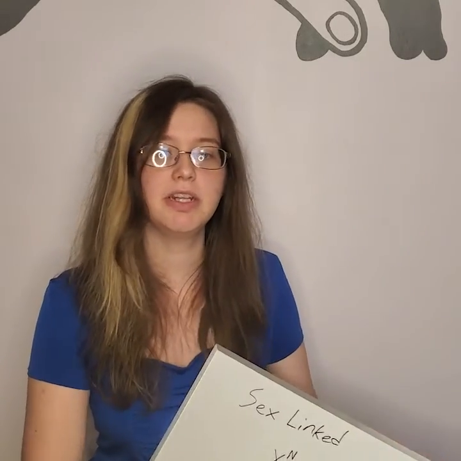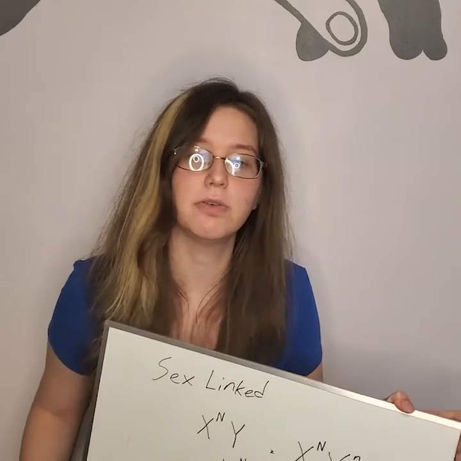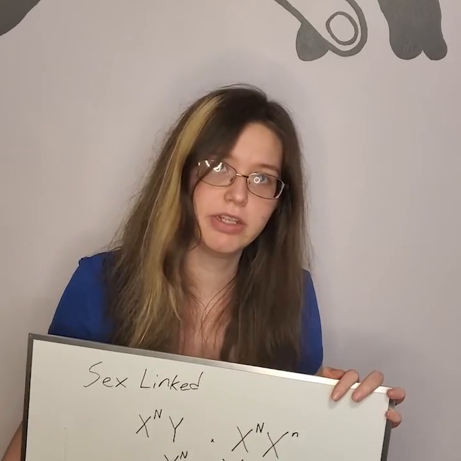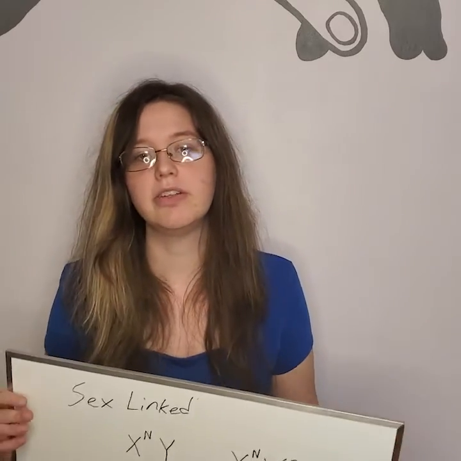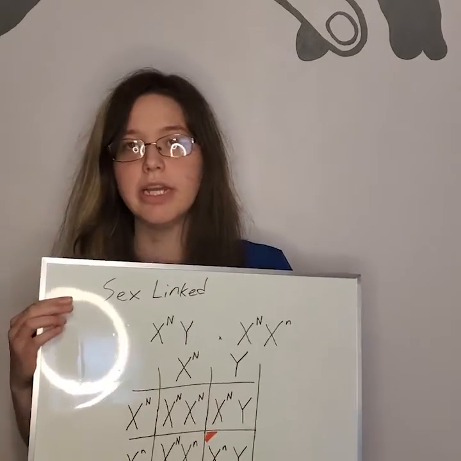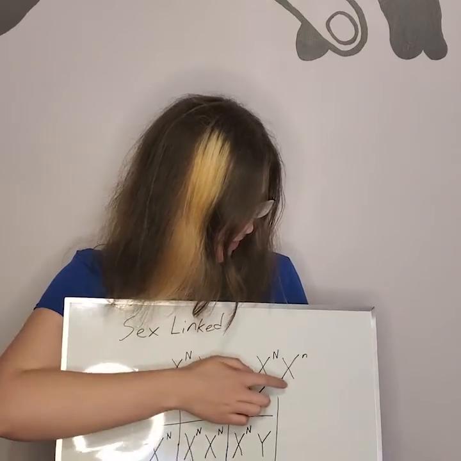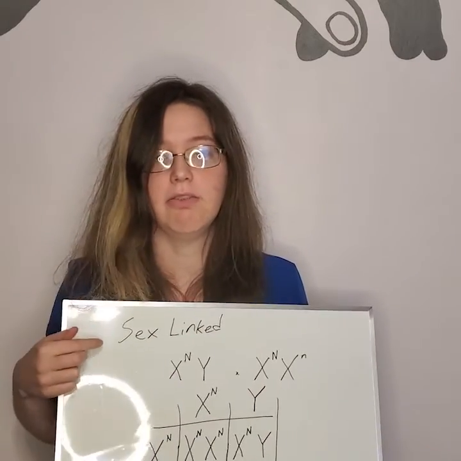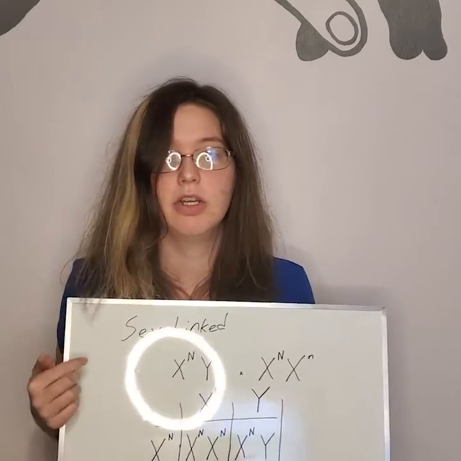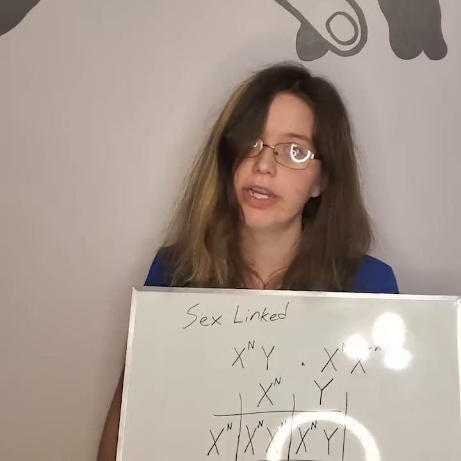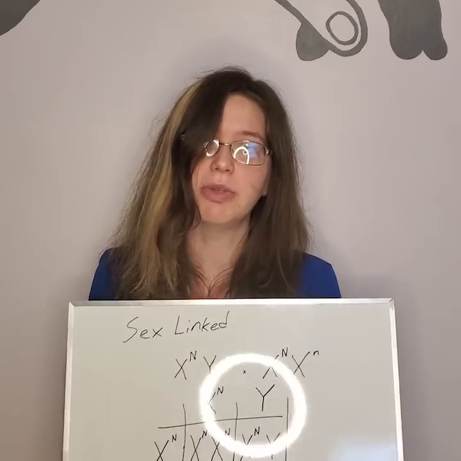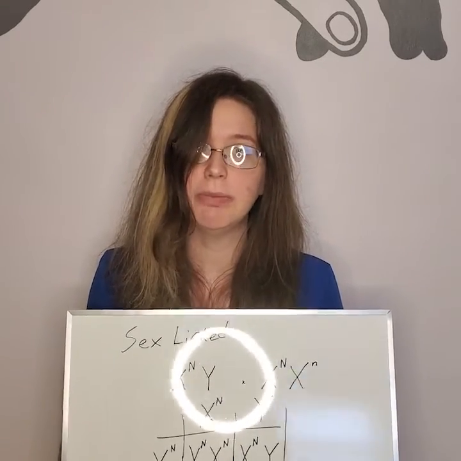Sex-linked genes typically follow Mendelian inheritance rules, but they have a twist. Because sex-linked genes are located on the X chromosome, females have 2 copies, and males have 1 copy. So if there is a recessive trait on the X chromosome that a male has, it will be expressed.